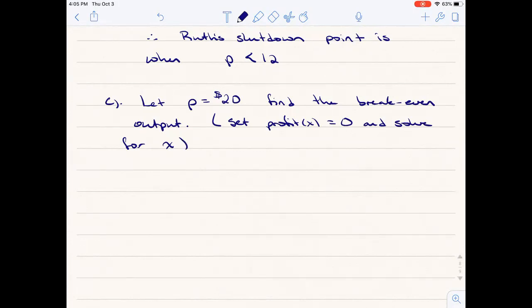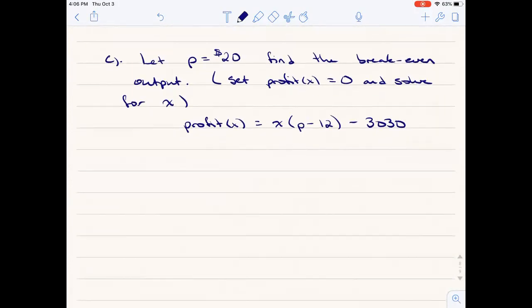All right, so let's just start with our profit function that we developed. Our profit function was X times (P minus 12) minus 30. I'm going to force this to be 0, and also P is going to be 20 now, right? But that could change from question to question, so you want to remember what your old profit function was.